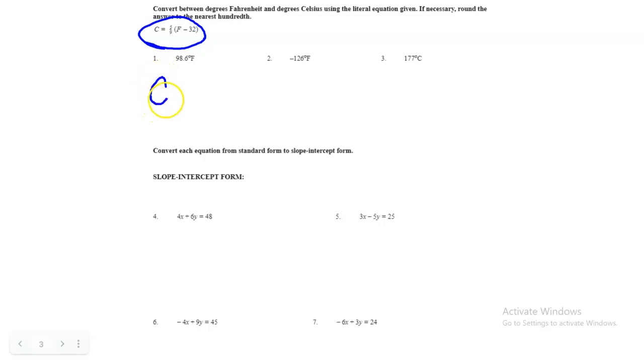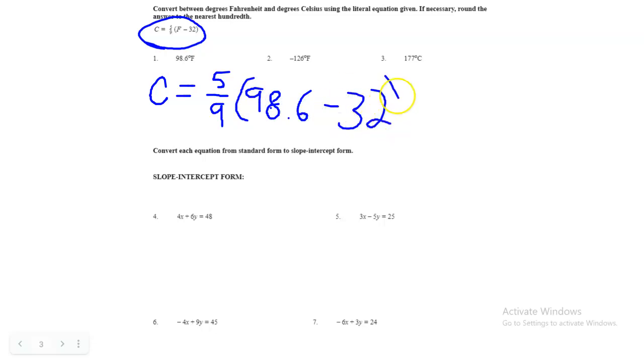So if I want to figure out what 98.6 degrees Fahrenheit is in Celsius, I'm going to write up my equation. I've got my capital F, and I know what that is, it's 98.6. And I'm subtracting 32. You're probably going to want a calculator for this, because I can't do it in my head.